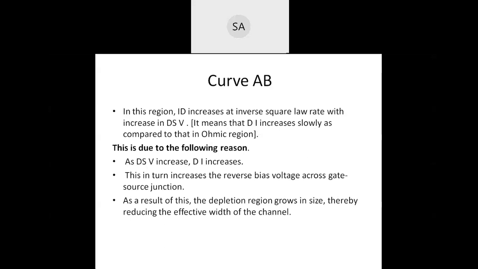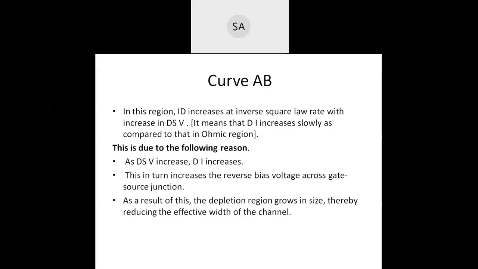And curve AB. In this region, the drain current increases at an inverse square law rate with increase in drain to source voltage VDS. That means it does not increase exactly proportionally, but at an inverse square law rate. It means that ID increases slowly as compared to the ohmic region.